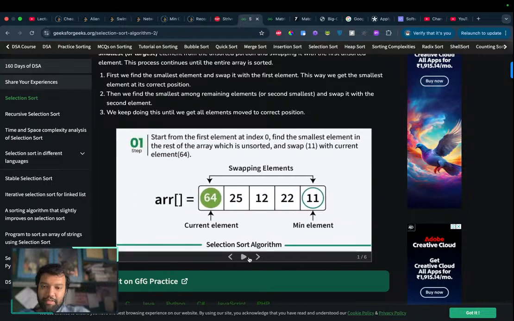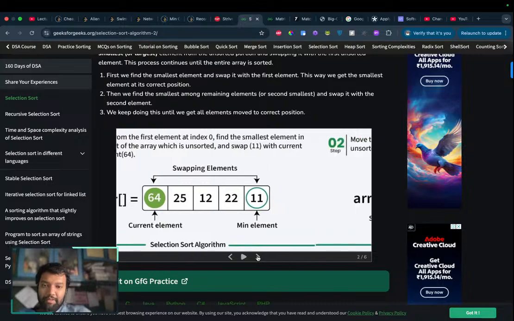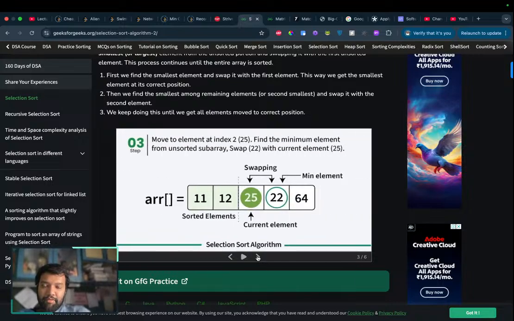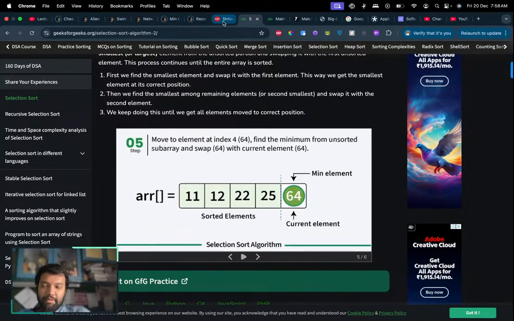Exactly. So you find the min element and then you swap. Find the min element and you swap.